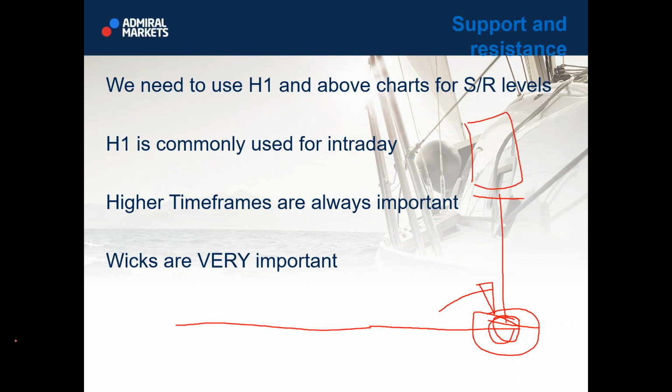Okay, so the question: does it mean that if you trade 1 hour we don't look left if we have support resistance lines? No, you're not right. You always need to look to your left, and I will show you later on a live chart how you should do it. You can do it yourself, manually, so I will show you how to do that. So wicks are very important, do not forget it.